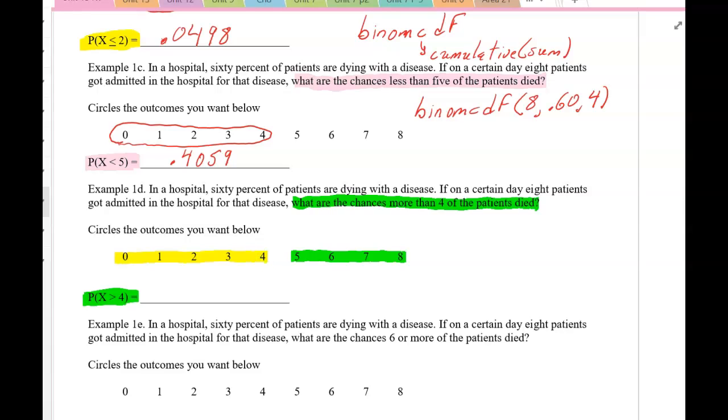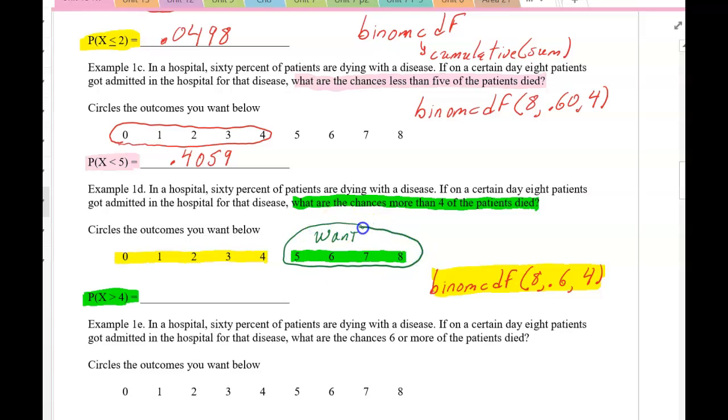So to do 0 to 4 on your calculator, we're going to press binomial CDF 8, 0.6, 4. That's going to give us the yellow answer. But we want 5, 6, 7, 8. So as we discussed in class, we're going to do 1 minus that on our calculator.